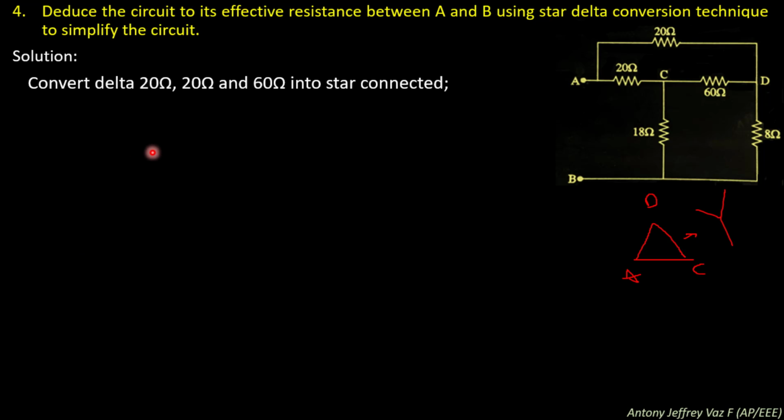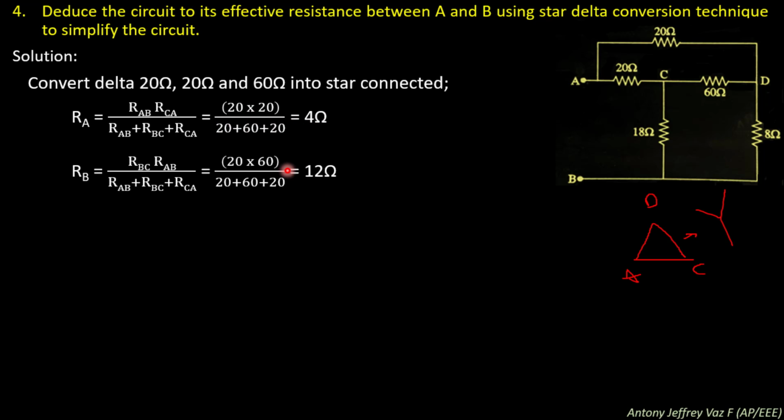So convert the delta connected 20 ohm, 20 ohm and 60 ohm into star connection. To do this, you know the formula RA is equal to RAB times RCA divided by RAB plus RBC plus RCA. Substitute all the values, you will get 4 ohms.